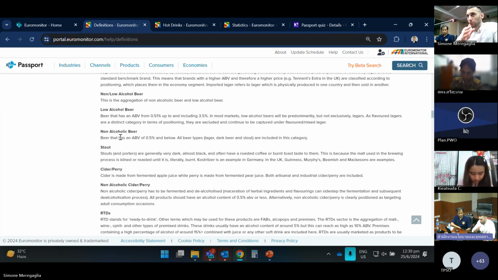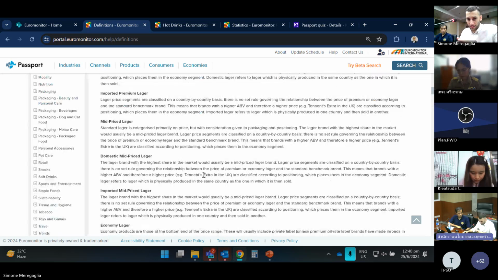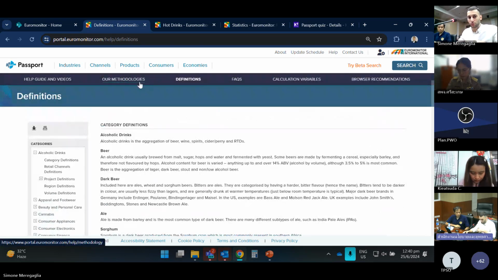So I want to make sure that if I select Thailand, Indonesia, Germany, UK, I can compare the data. I compare apple for apple, because the same data is categorized in the same way in each country. That's why we are very, very strict in defining very clearly what each category means. So this is part of definitions. Then for methodology, why you should trust our data, you can click here. So you go into help and then methodologies.